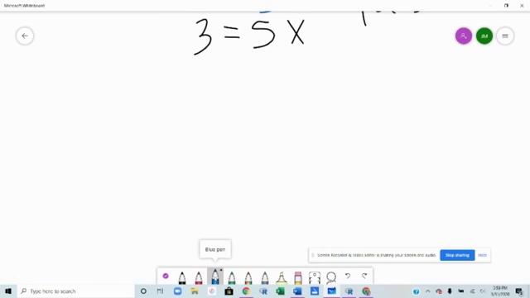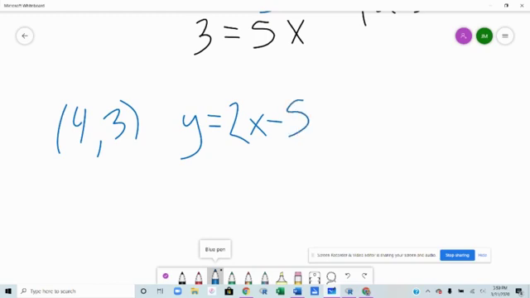If I give you the point 4, 3, and I ask you if it makes the equation y equals 2x minus 5 true, once again we take our x value and our y value and plug them in. So y, which is 3, equals 2 times x, which is 4, minus 5.